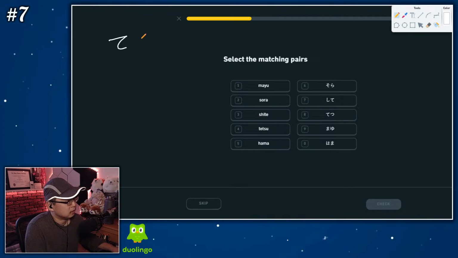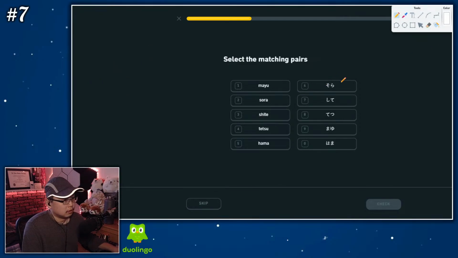So it's actually tetsu. Tetsu is this. Oh no, it's the other way. Oh boy. And then hama. Oops, that's ma. Hama.